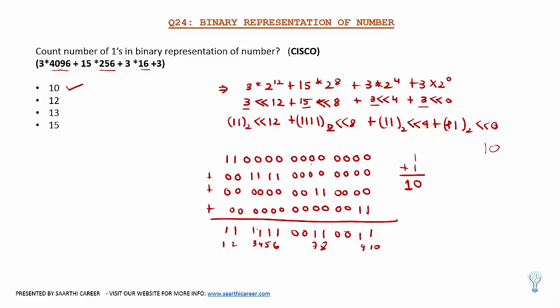But in this question we could immediately make out, considering that 3 is left shifted by 12, 15 by 8, 3 by 4, and 3 by 0, there will be no overlaps of ones, and hence we could have just counted the ones set in the binary representation of 3, 15, 3 and 3 to come up with an answer.